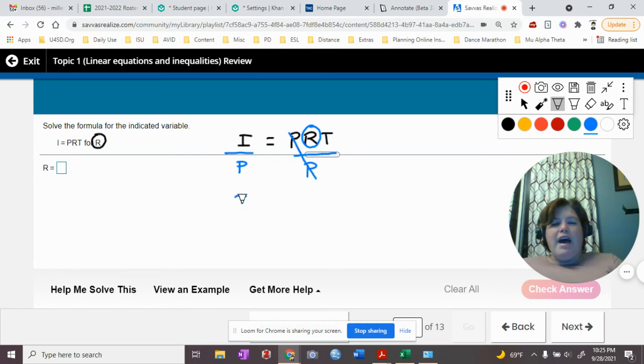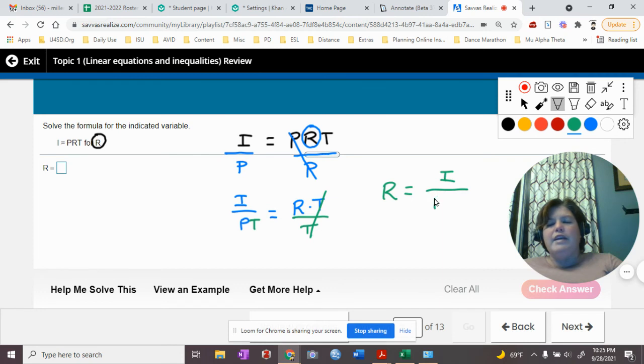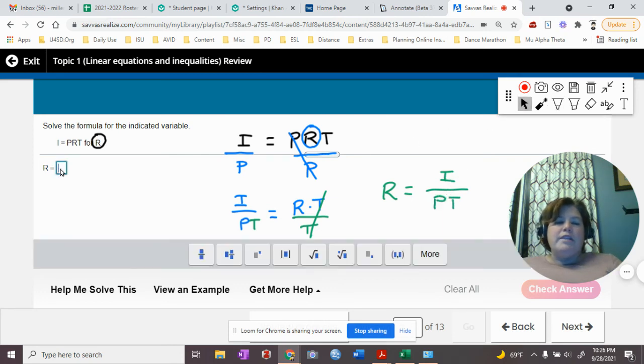So we have I over P equals R times T. Okay, we can divide again by T because we want the R by itself. We're already dividing here, so I'm just going to continue to divide, and we get R equals I divided by PT. And that's what I'm going to type in here.